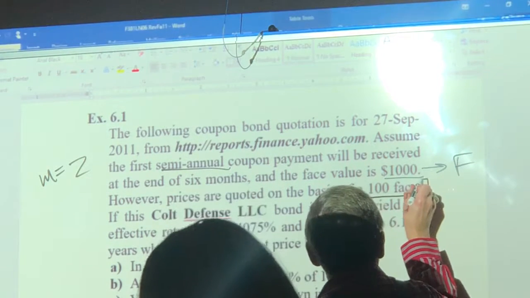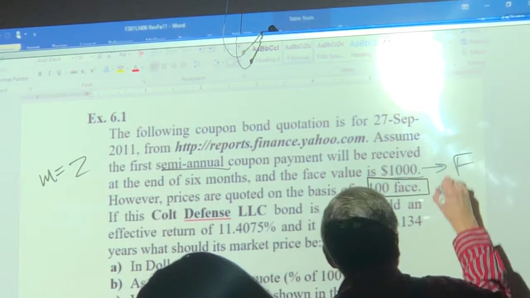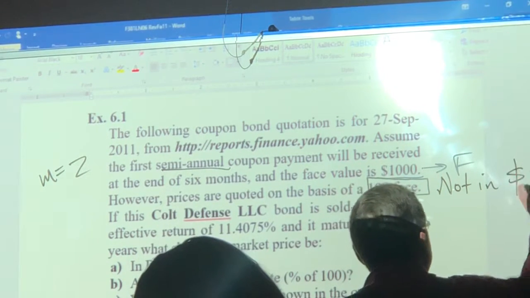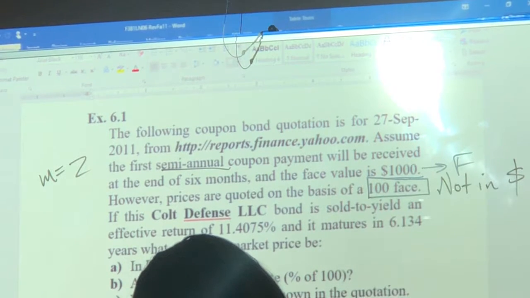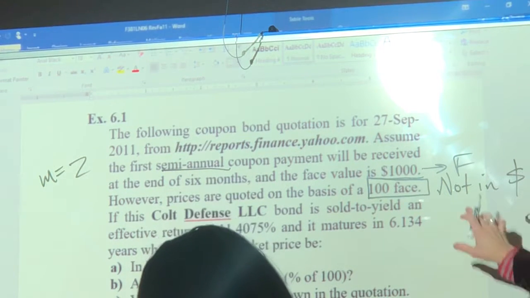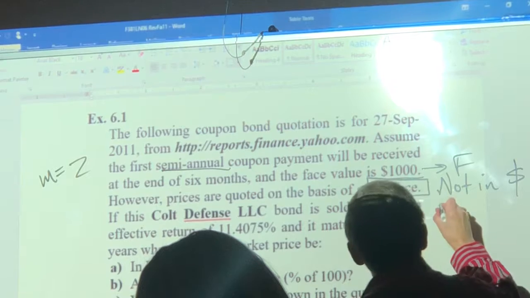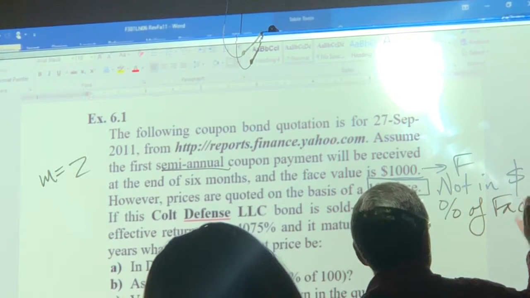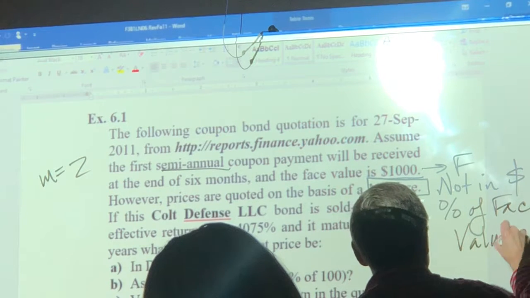So this is not in dollars. I have the hardest time getting my 382 students to remember this. It's not in dollars, it's percent of face value.